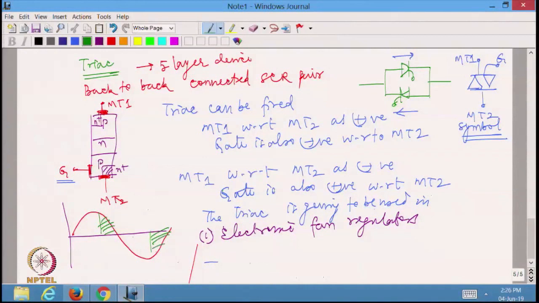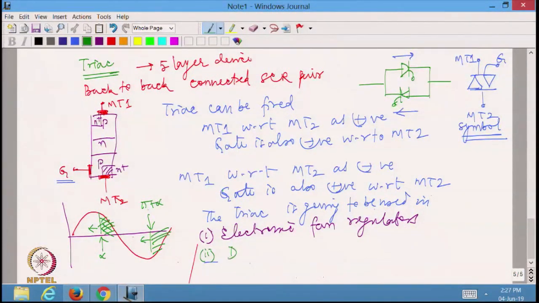So, I will fire during the positive half cycle at some alpha and during the negative half cycle at pi plus alpha. The RMS value of the voltage is controlled by either advancing or retarding this. So, I will be able to control the RMS value of voltage and hence the speed.